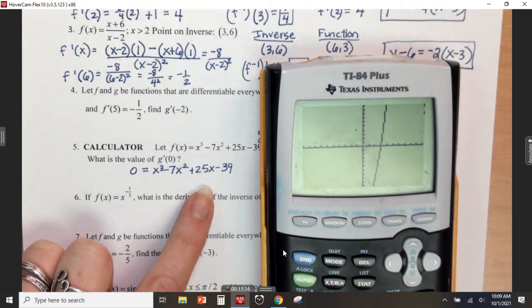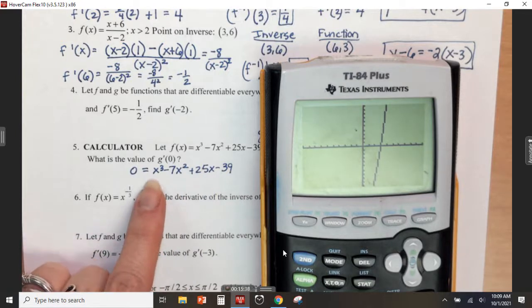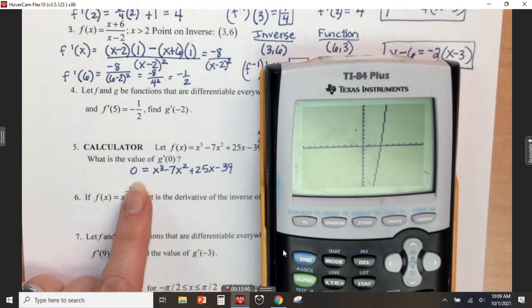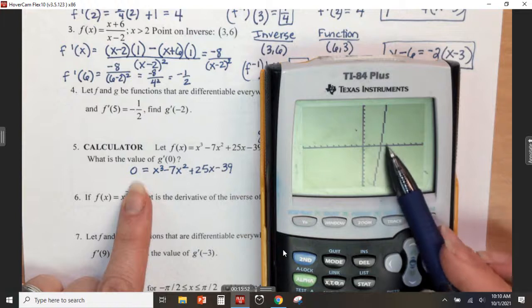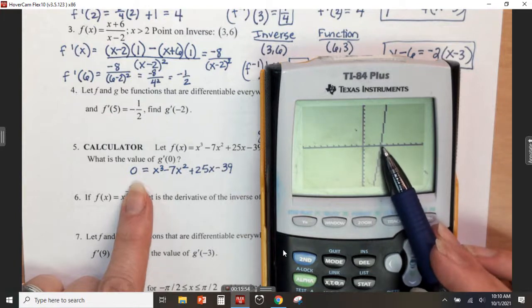I'm looking for what x value would make this function equal 0. Or in other words, where does it intersect the x-axis, because that would be y equals 0, right? So I'm looking for the zeros. Now it kind of looks to me like it hits at 3, just eyeballing it. What do you think? Looks like 3.